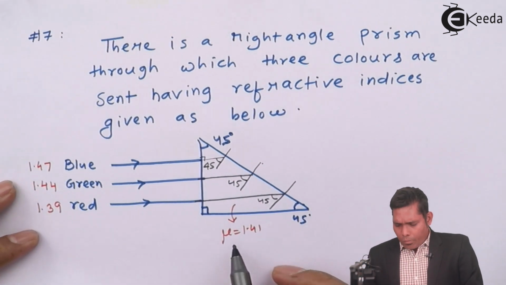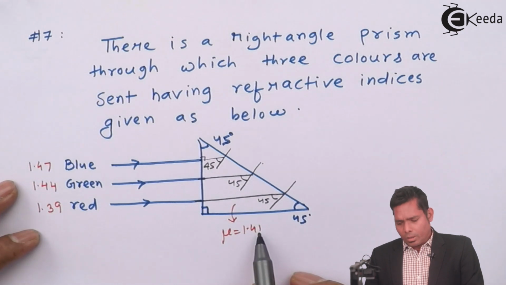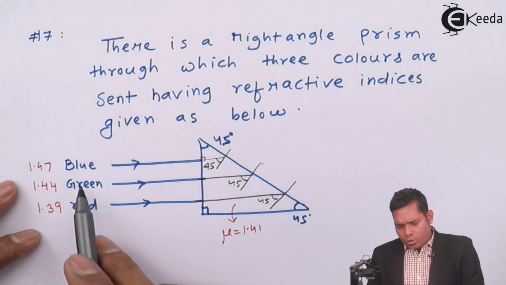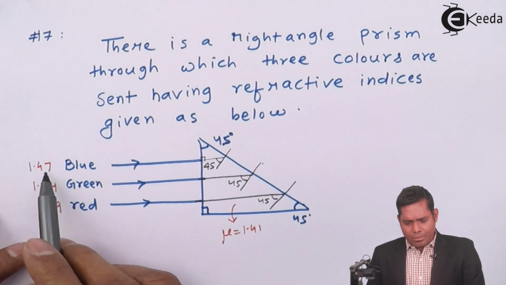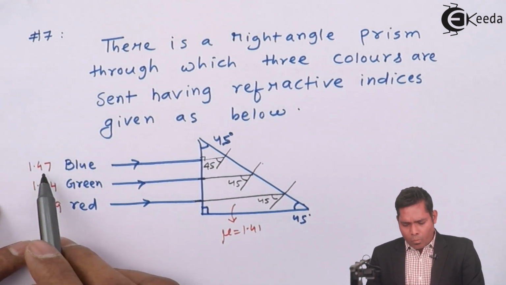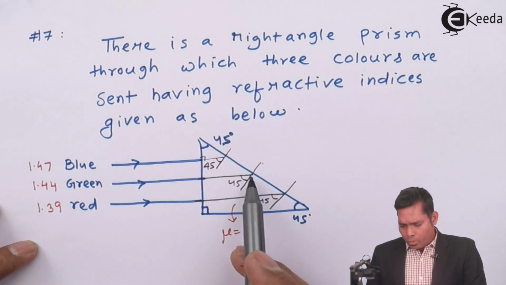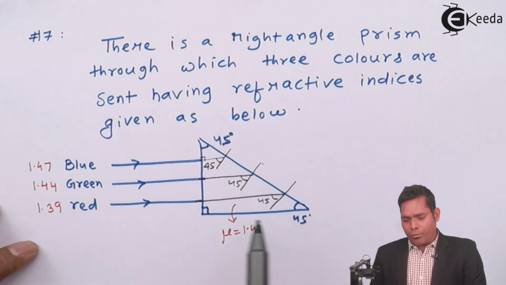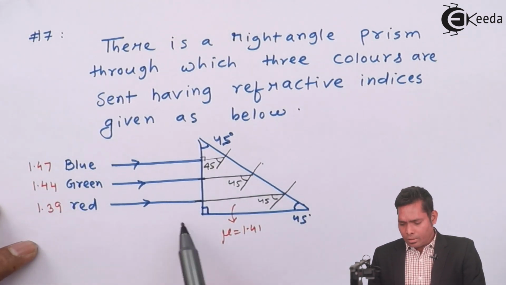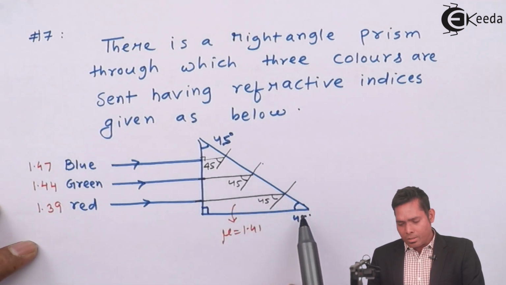So if refractive index is 1.41, then for that light the refractive index is this, and you can see from the data no one is having exactly 1.41, so no ray will move along the surface. If anyone is having this value, then that ray will move along the surface.